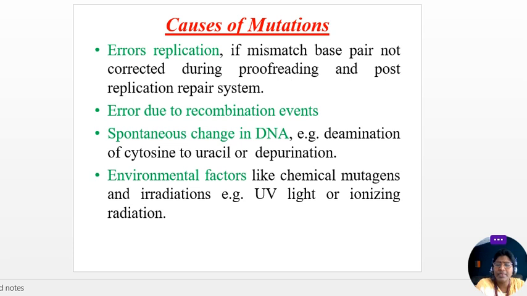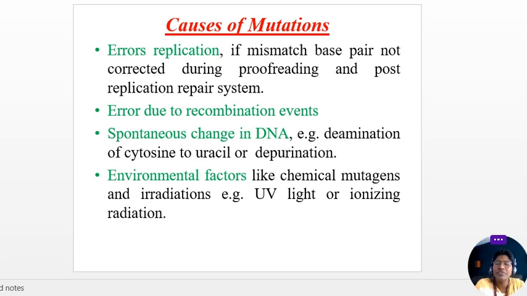That is, the usual chemical change occurs in the nucleotides. For example, cytosine is an amino pyrimidine nucleotide, but it easily undergoes deamination and is converted into uracil.